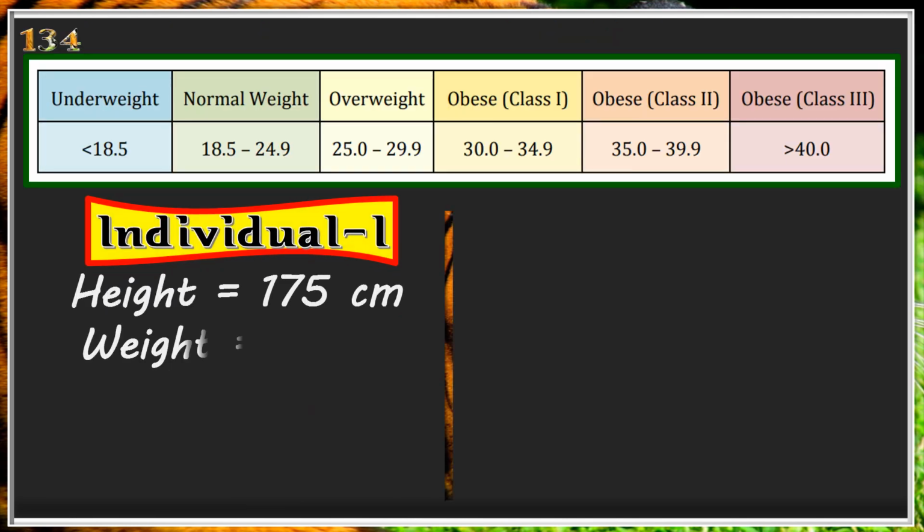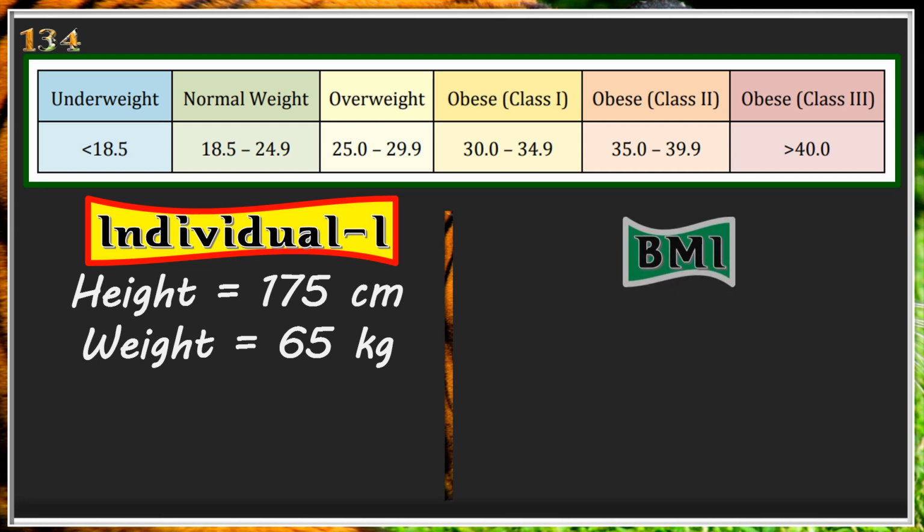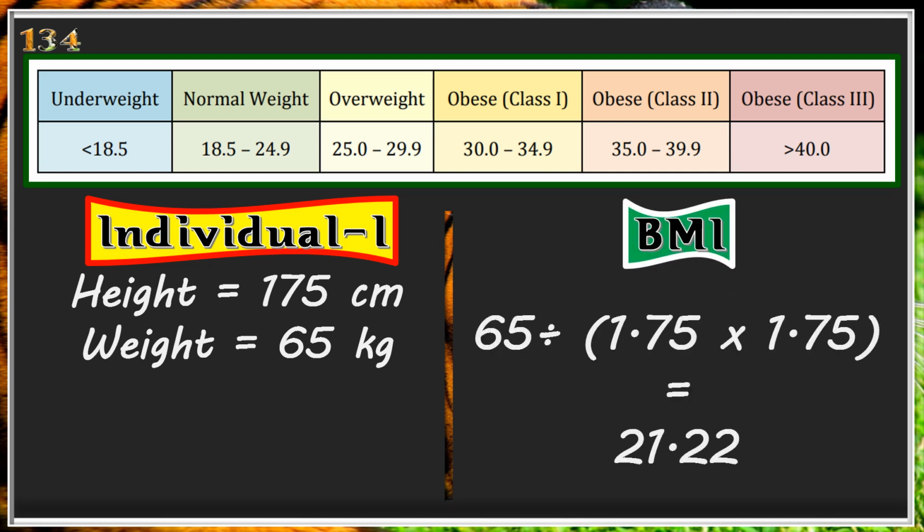We have individual 1 with a height of 175 centimeters. His weight is 65 kilograms. Let's calculate his body mass index. His body mass index will be the weight in kilograms over height in meters squared.